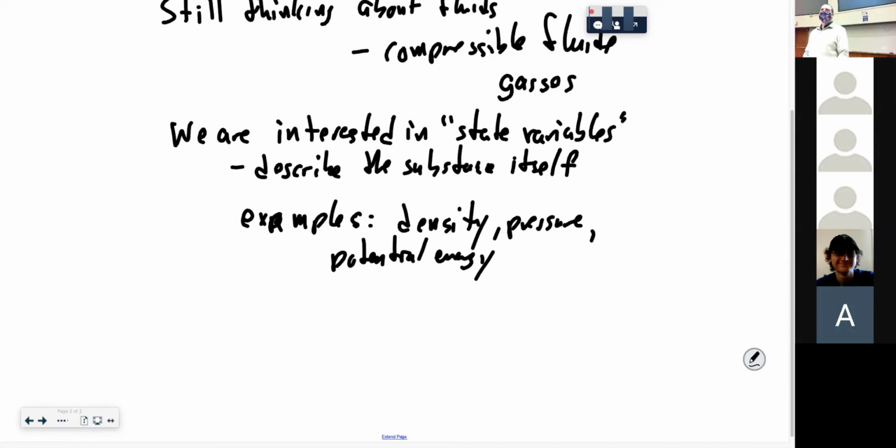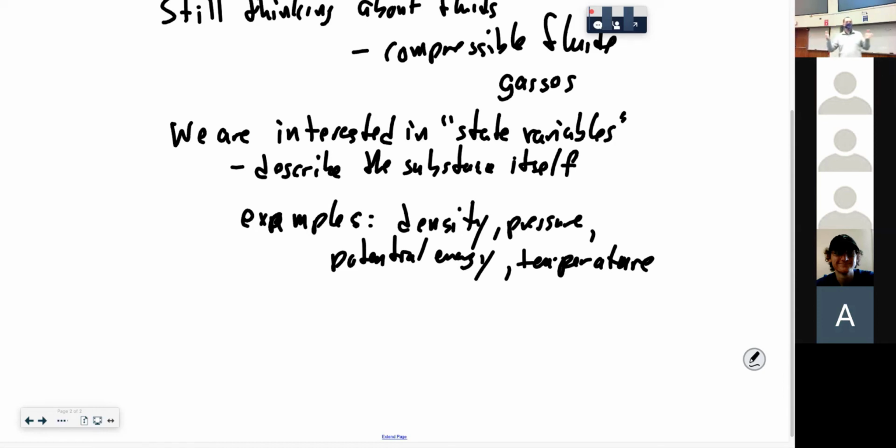But potential energy certainly can be a state variable. Temperature, sure. Can anybody think of a variable that would not be a state variable? Actually, pretty much anything you can think of that would describe a substance would be a state variable.